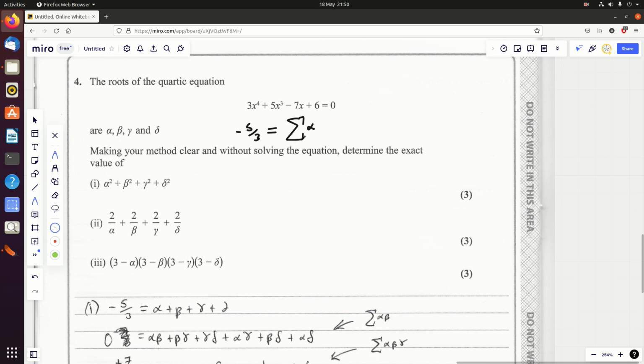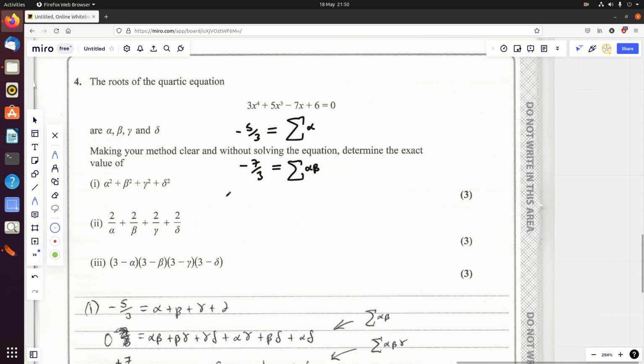You just need this shorthand in this kind of question, because otherwise you start to go crazy with how many alpha, beta, gamma, deltas you wrote down. Okay, c over a, which is minus 7 over 3, is the sum of the product pairs, which we denote as the sum of alpha beta. And there's 6 different terms to write down here: alpha beta plus alpha gamma plus alpha delta plus beta gamma plus beta delta plus gamma delta. Now, did I say 6 pairs there? I think so, hopefully.